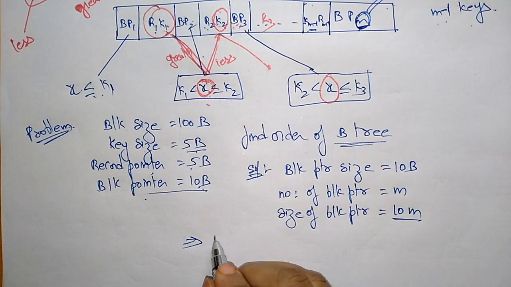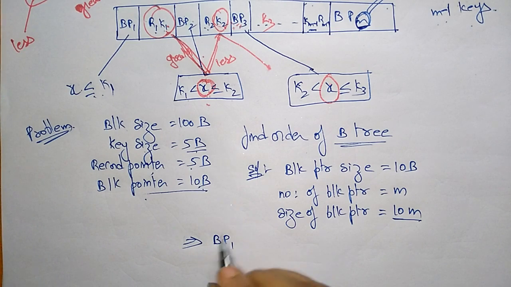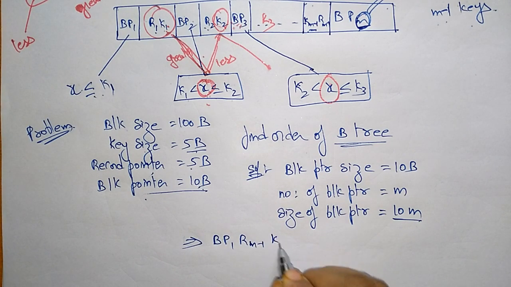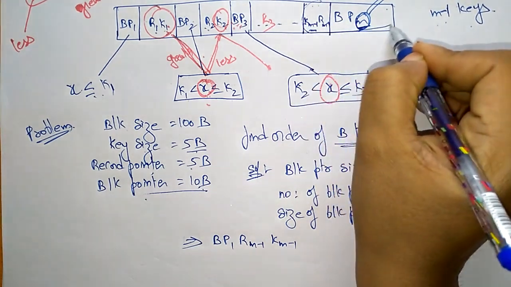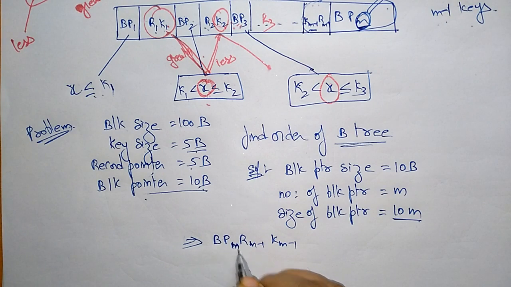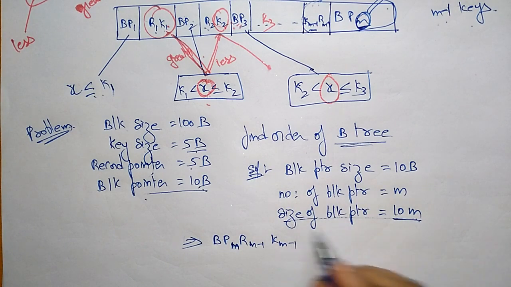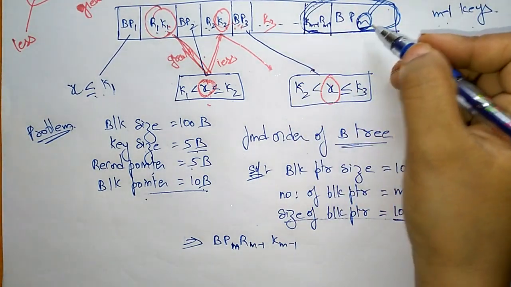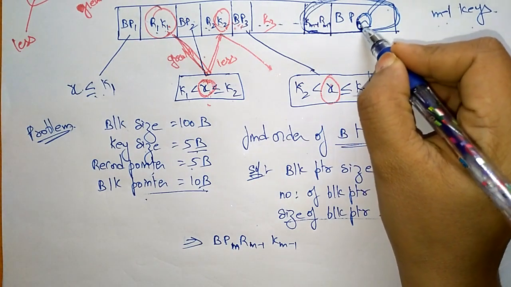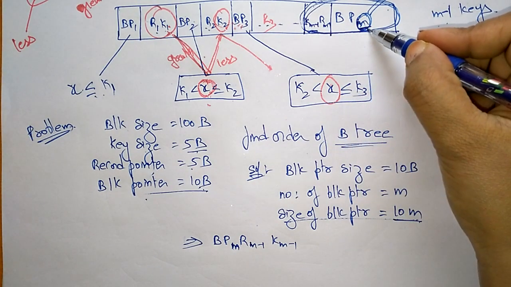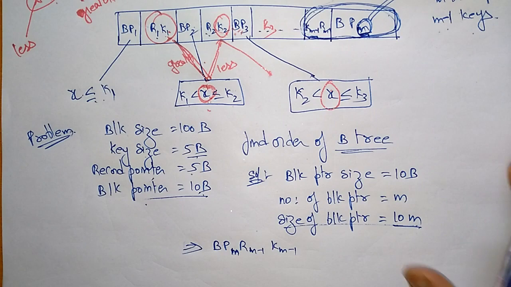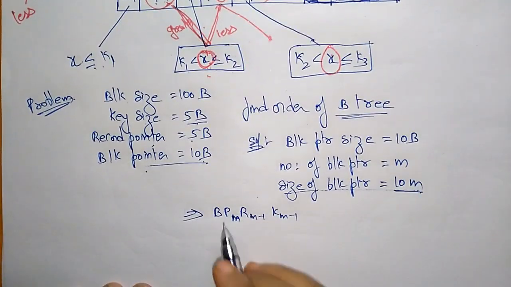Now see the formula. First is the block pointer size, then the record pointer, minus 1, and the key, minus 1. If you know the value of M, then you will get the order of the B tree. This M indicates the order of the B tree.